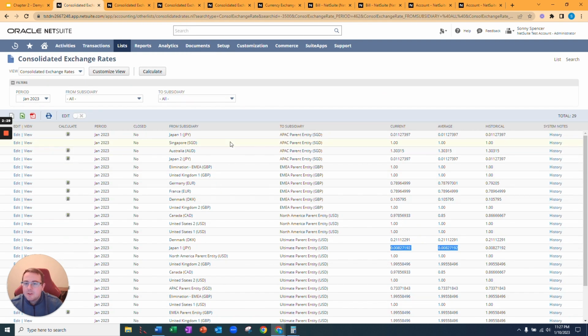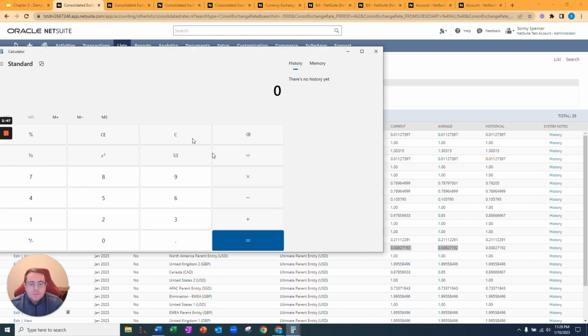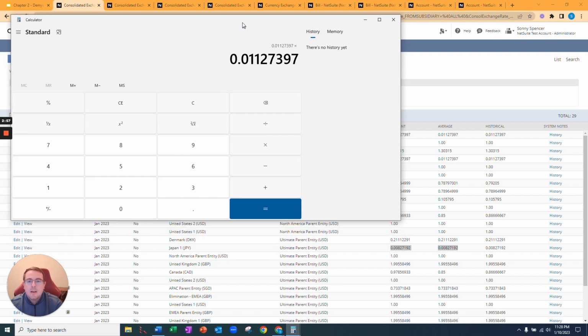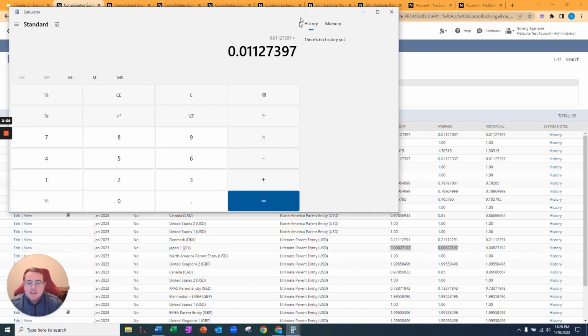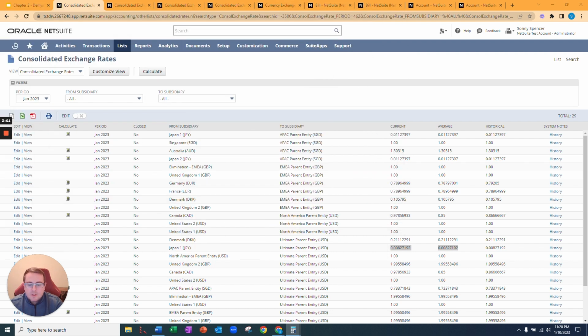So coming back to our consolidated exchange rates table, let's see how NetSuite actually arrives at this value of 0.0827. So first, let's find the exchange rate between our Japanese entity and our APAC parent entity. And we can see that here of 0.01127397, and that will be multiplied by the exchange rate between our APAC parent entity and our ultimate parent entity.